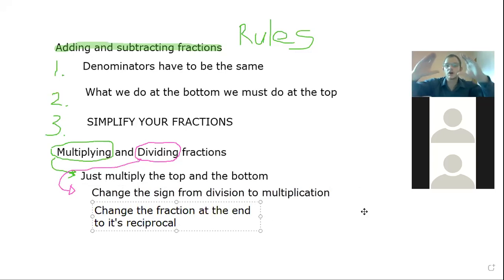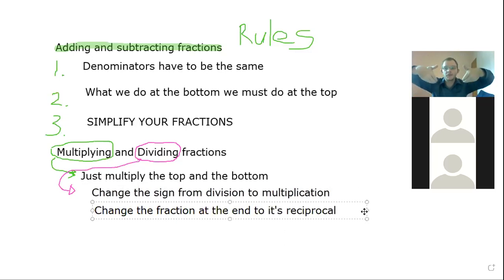Now the reciprocal just means you swap the fraction upside down. These are the rules that we need to apply. But after we look at these rules, I want us to do some mathematical word problems. Okay, so let's look at the first one.